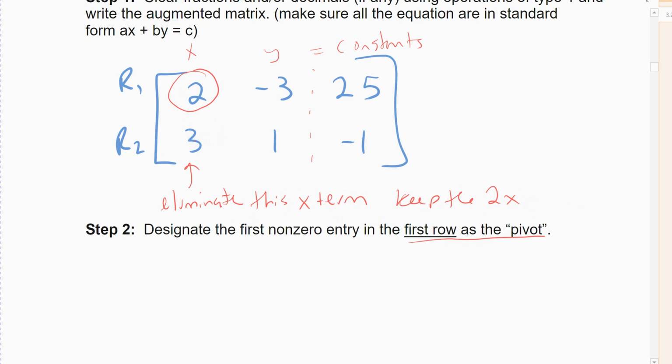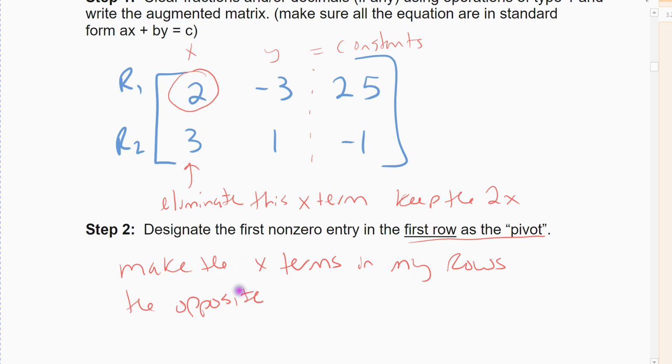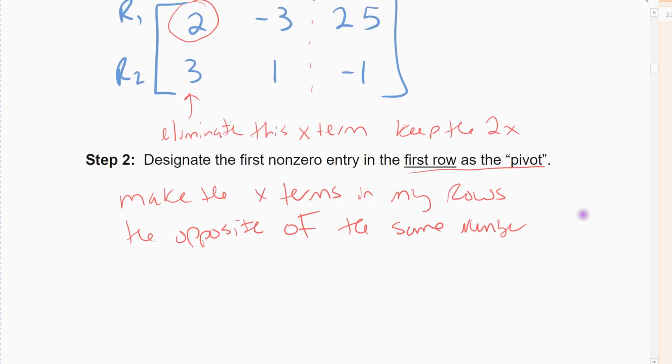And so what I want to do is make the x terms in my rows, in my equations, the opposite of the same number. Right, so in this case, I've got a 2 and I've got a 3, and so right now they're not opposite at all. But I can make them opposites, so I want to make one a negative 6, and the other a positive 6.